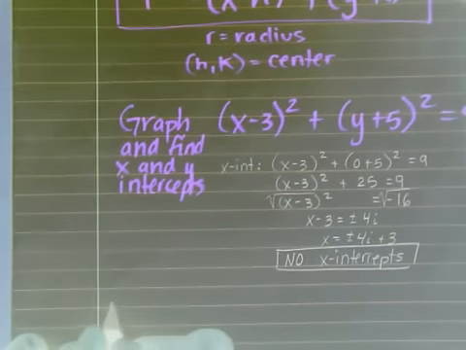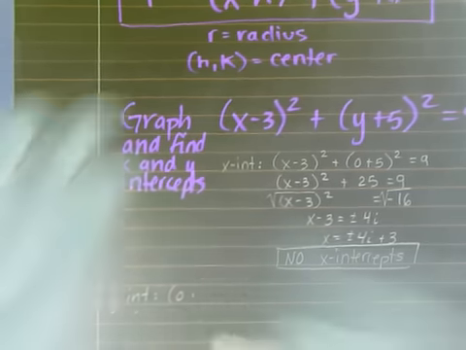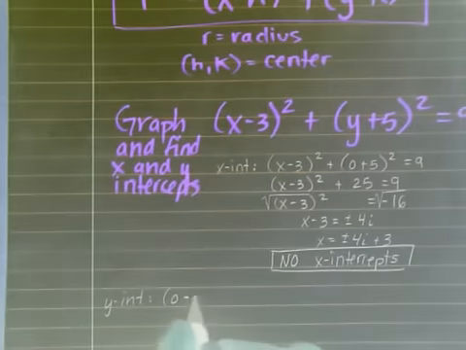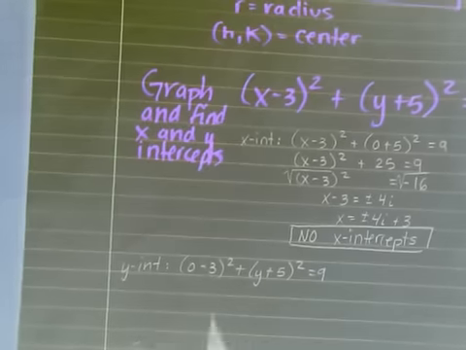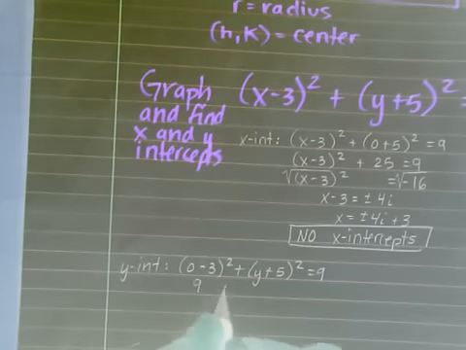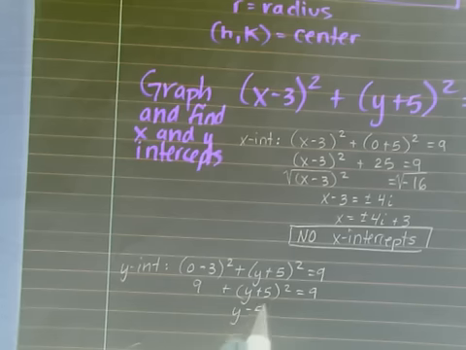Now, to find my y-intercepts, or maybe there'll just be one, we repeat the process, but this time we plug in 0 for x and we solve for y. So this becomes negative 3 squared, which is 9. Subtracting 9 from both sides, we get 0.